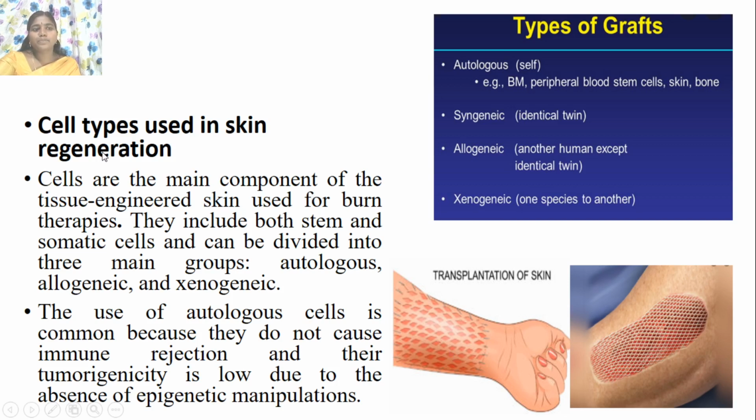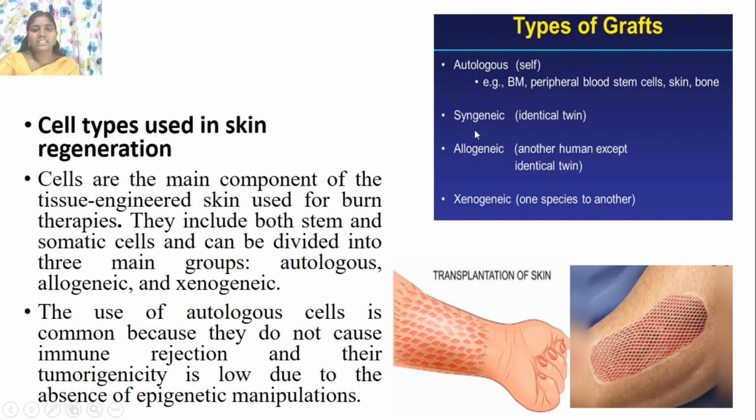So what are the cell types used in skin regeneration? The cells are the main component of the tissue engineered skin used for burn therapies. They include both stem cells and somatic cells and can be divided into three main groups: autologous, allogenic, and xenogenic. Autologous means they are from the self. If the cells are taken from the same patient, it is called autologous.